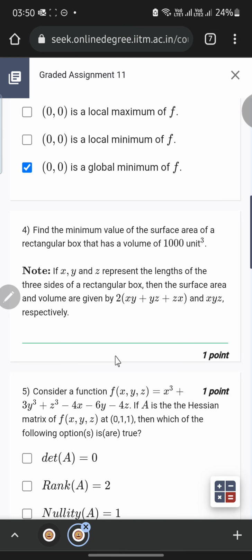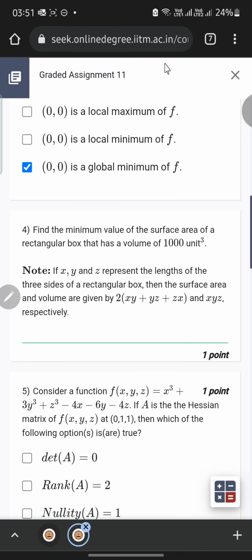I'll just remove the 2 from here. I'll just cut that. Sorry, this is happening again and again. I'll just use the notes for better clarity, so that would be really helpful.